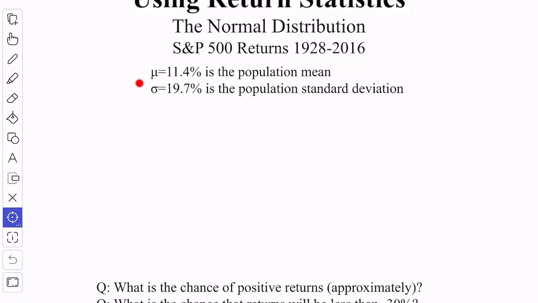And I believe this is all the data I'm interested in. So I'm going to call this mu, 11.4%, and the standard deviation turns out to be 19.7 over this long period of time.